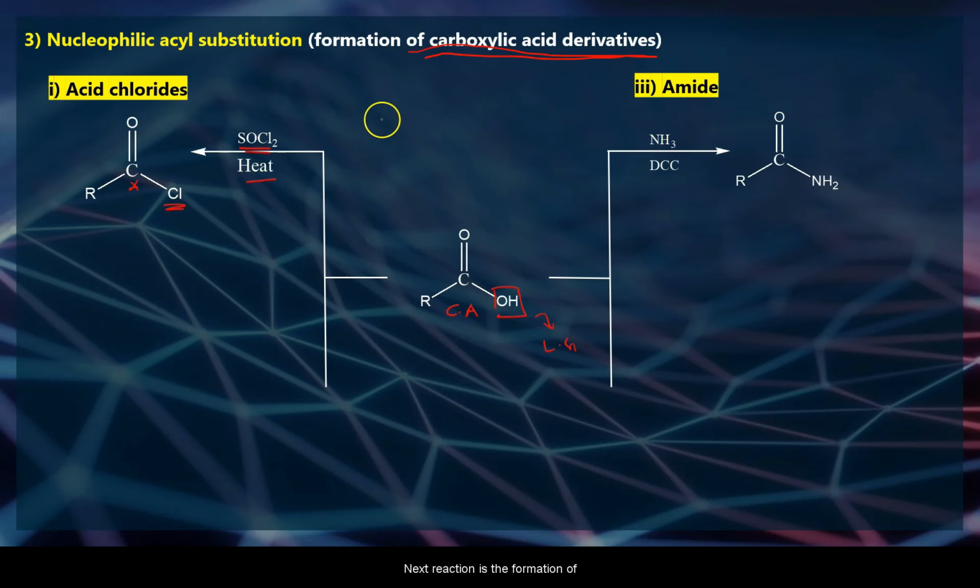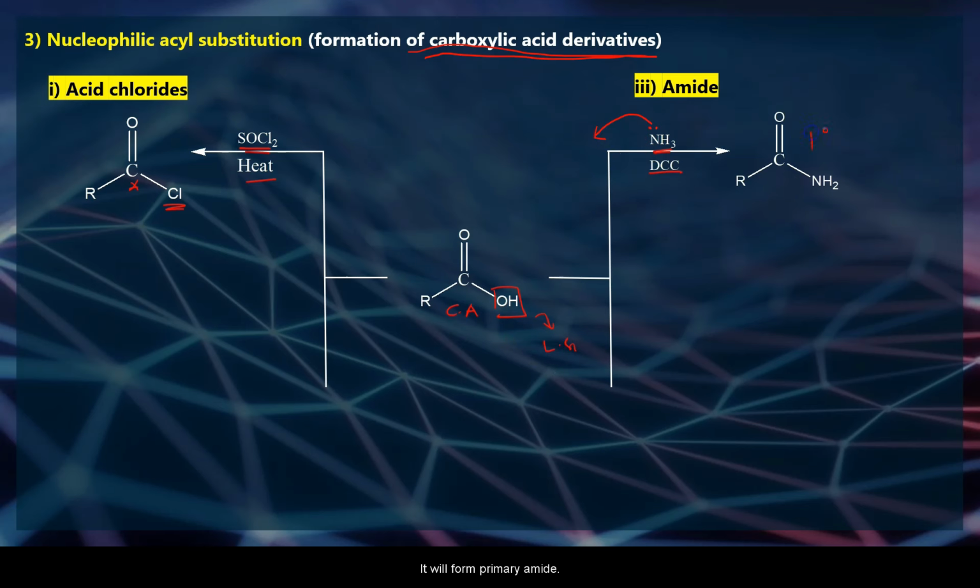Next reaction is the formation of amide. An amide is formed when carboxylic acid reacts with ammonia in the presence of dicyclohexylcarbodiimide (DCC). Ammonia as nucleophile will attack C double bond O and hydroxyl group leaves as leaving group.